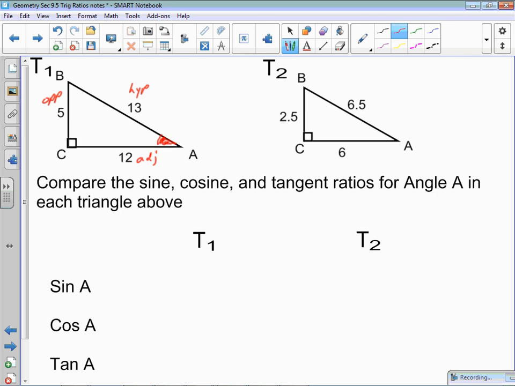Sine, that's the some old hippie, SOH. So sine is the opposite over the hypotenuse. All right, so when we look at it, for triangle 1, angle A, the opposite is 5, and the hypotenuse is 13. So we get the ratio 5 over 13.